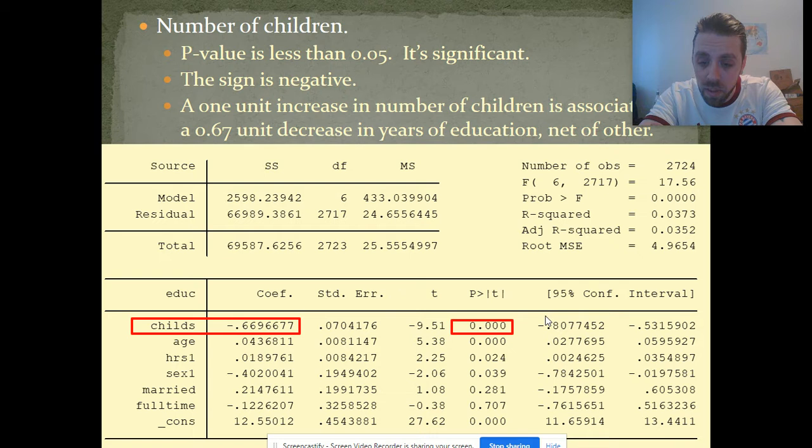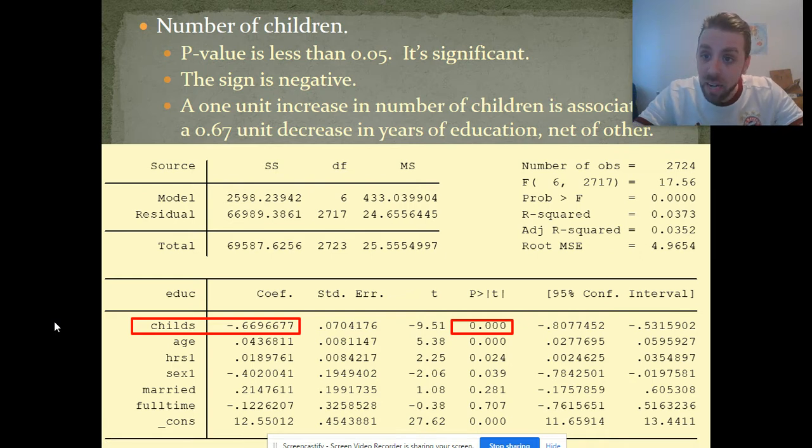So the three problems that I observed in people's reporting of this is, one, the most common was to say a 1 unit increase in education is associated with a 0.67 unit decrease in a number of children. That's flip-flopping the ordering that you need. No, you always start with the independent variables and finish with its effect on the dependent variable.